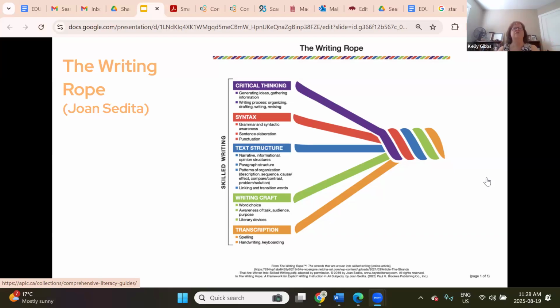Let's build in that artistry using word choice, going back to the whole idea of vocabulary and making that exciting. And knowing that every writer has an audience. Even if the audience for the student is only the student themselves, but it is having an awareness of audience, being able to share that writing.